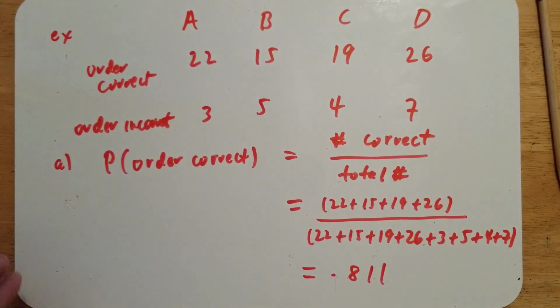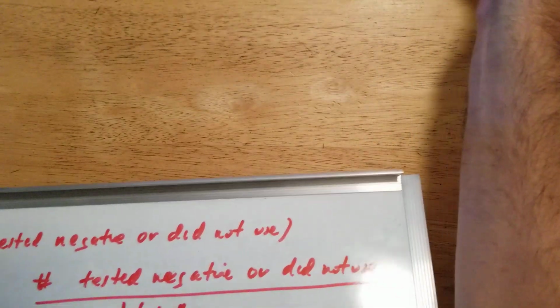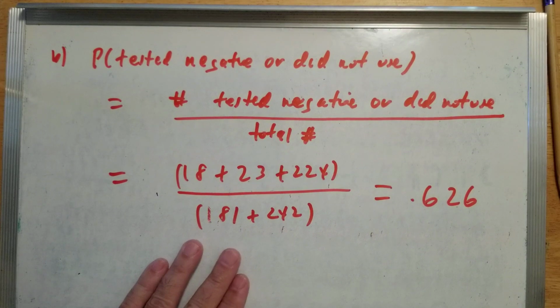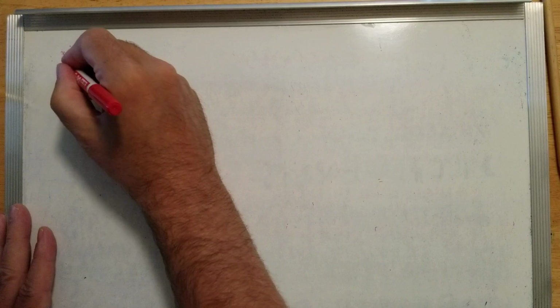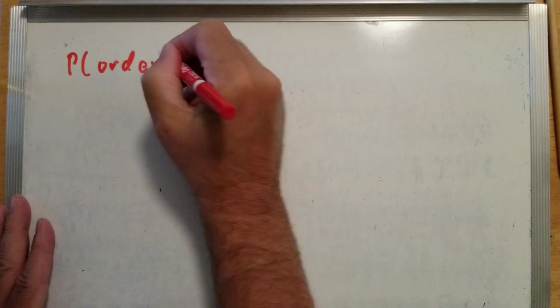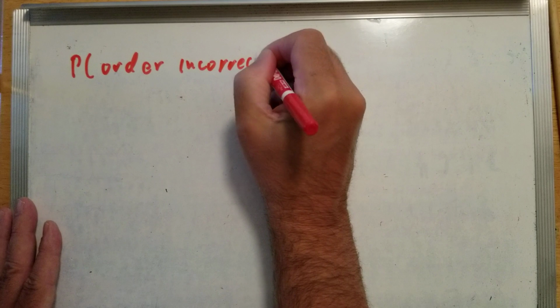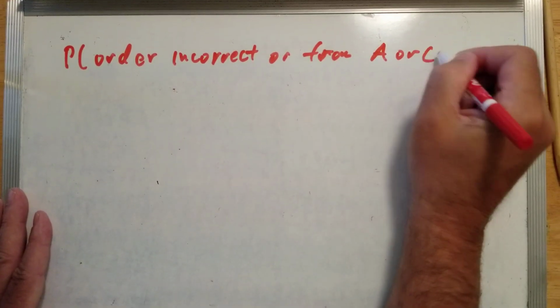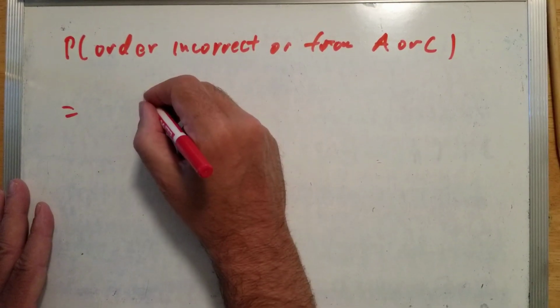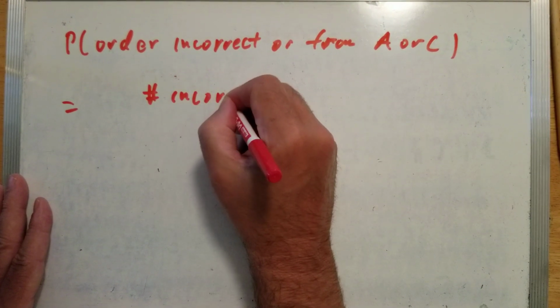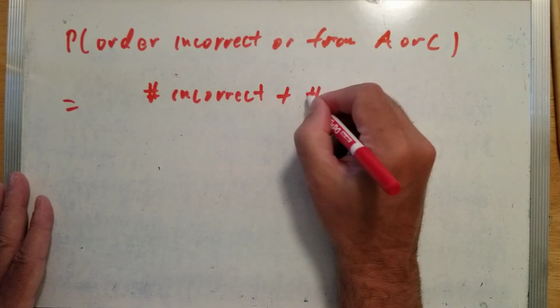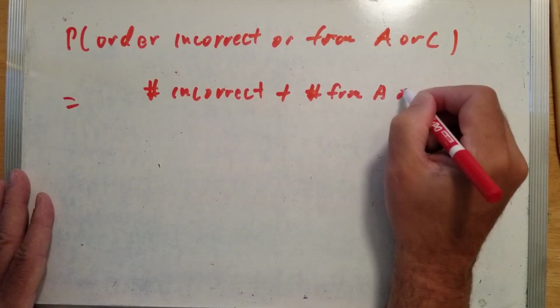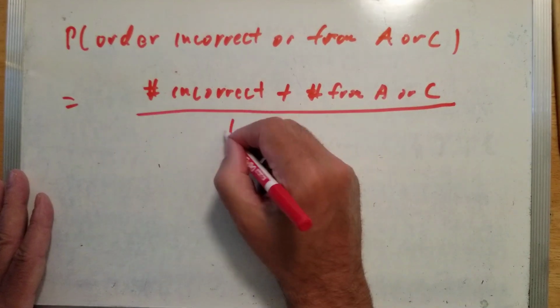Okay, now they have one more question here using that same chart. The question is, find the probability the order is incorrect or from restaurant A or C. So this would be the number incorrect plus the number from A or C, divided by the total number.